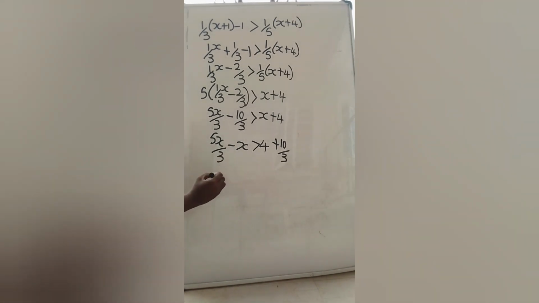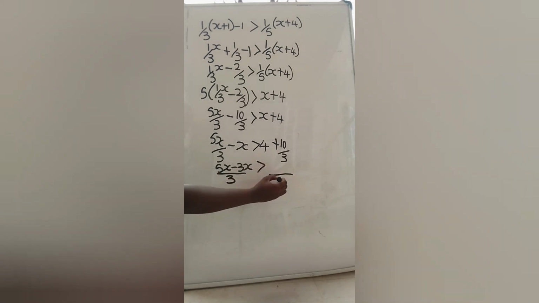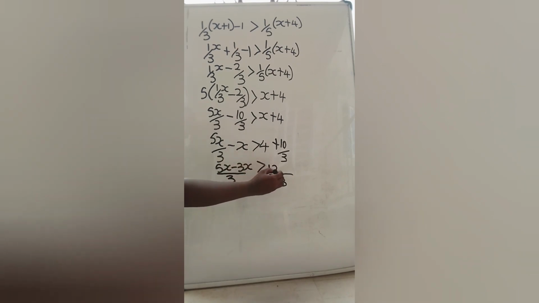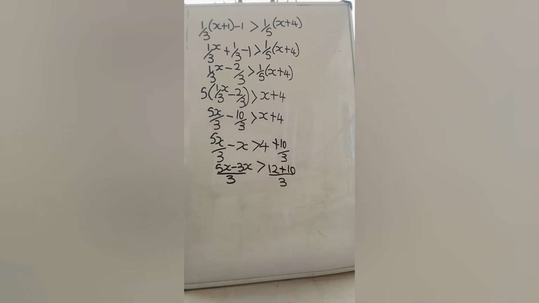Now the common denominator that can go for both of them is 3. 5x minus 3x greater than, the same thing here, 3 times 4, 12, plus 10. 5x minus 3x is 2x over 3 is greater than 22 over 3.